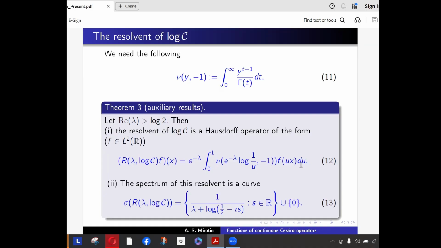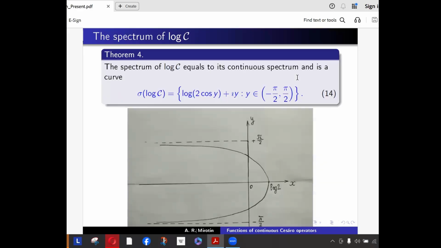And the spectrum of the resolvent is given by formula 13. This is some curve, and theorem 3 gives us an opportunity to describe the spectrum of the logarithm. Theorem 4 states that the spectrum of the logarithm is the following curve, given by formula 14.